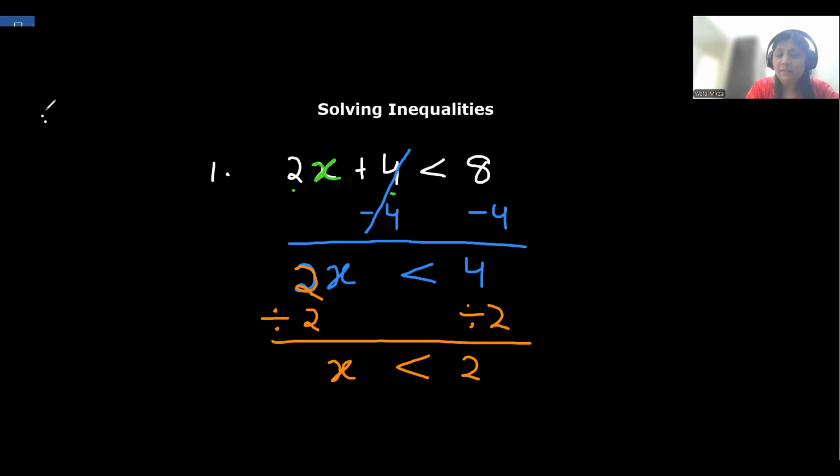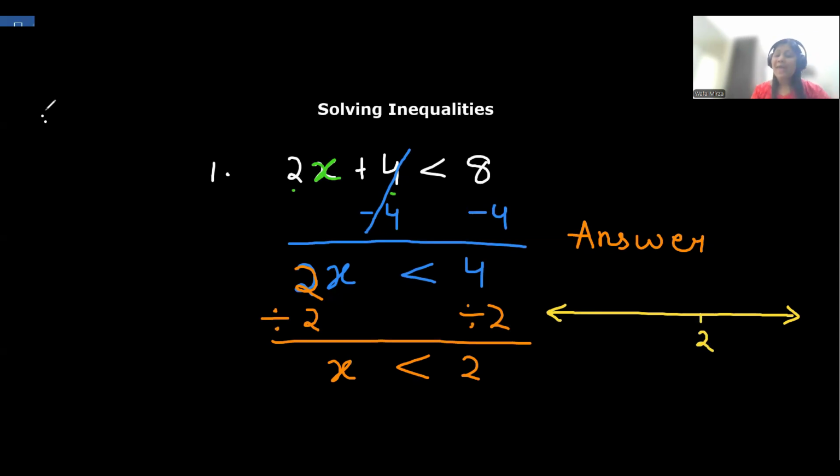For writing my answer, I can show the answer on a number line, or I can use brackets and give my answer. So let's see how I will write my answer using a number line. So this is my number line. Let's say that this number is 2. Now x can have any value which is less than 2.